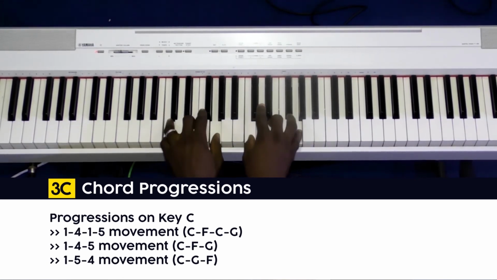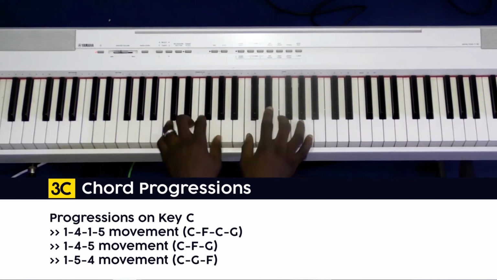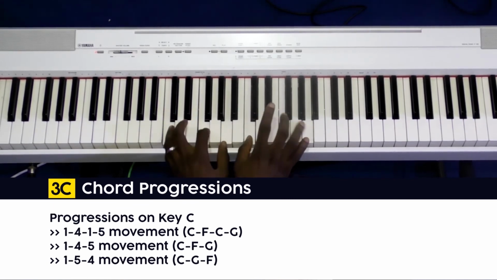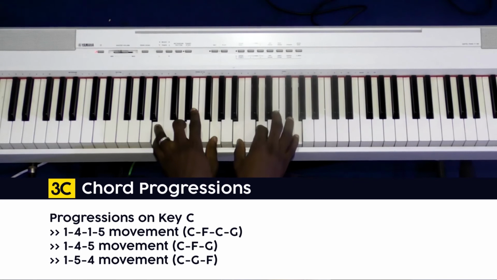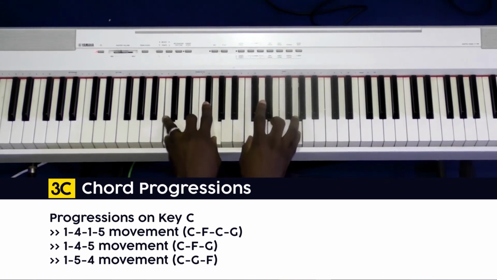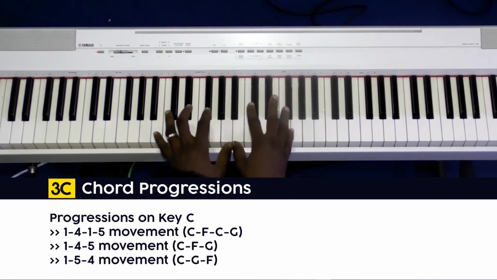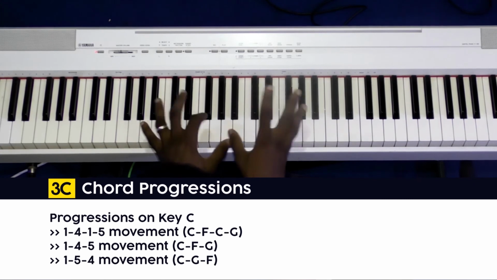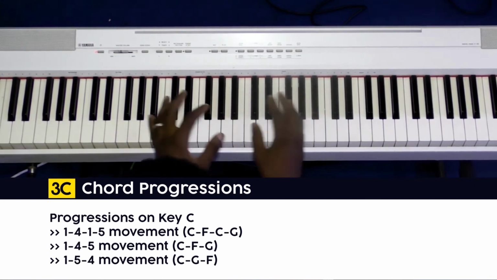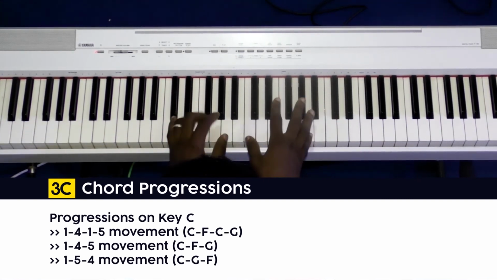Simple. 1 chord, 4th, which is an F major, then 5th, which is a G major, then 1. This is very, very simple. So the knowledge of inversion helps you navigate and move in between chords without stressing your fingers and moving at a distance level.